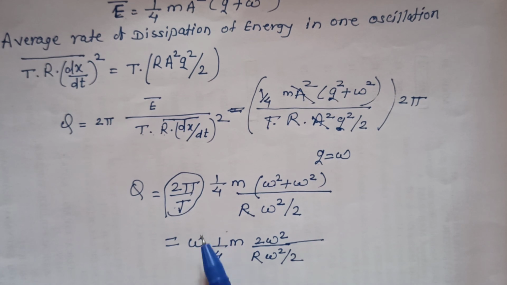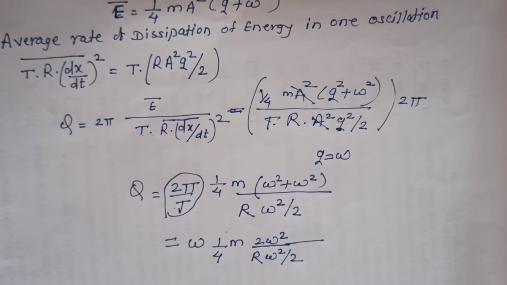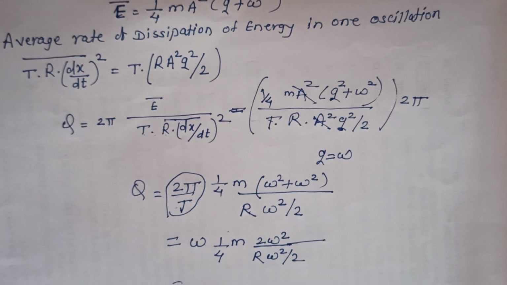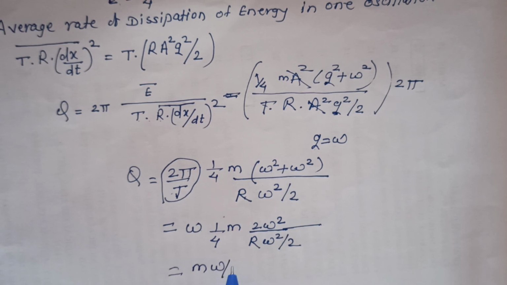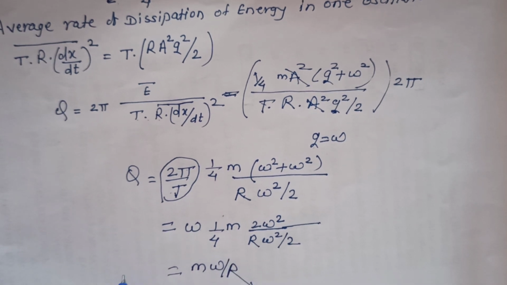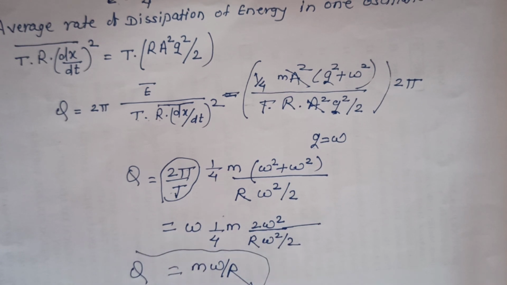Then 2 pi upon T is equal to omega, 1/4 m as it is, 2 omega^2, upon R omega^2 upon 2. On simplification we get Q = m omega upon R. This is the quality factor for forced oscillation.